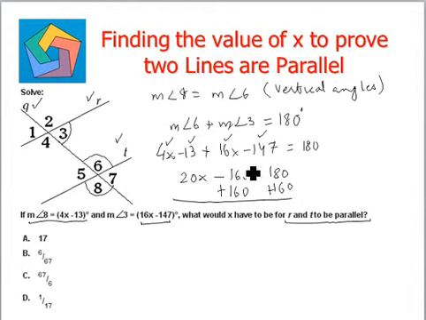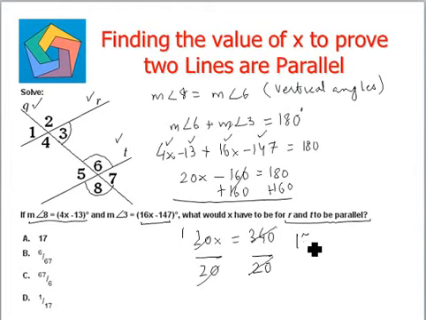This becomes 0. 20x equals 180 plus 160, which is 340. We divide by 20 on both sides to get the final value of x. This cancels to 1, and 340 divided by 20 is 17. Therefore the value of x must be equal to 17 for R and T to be parallel. This can be seen in option A.